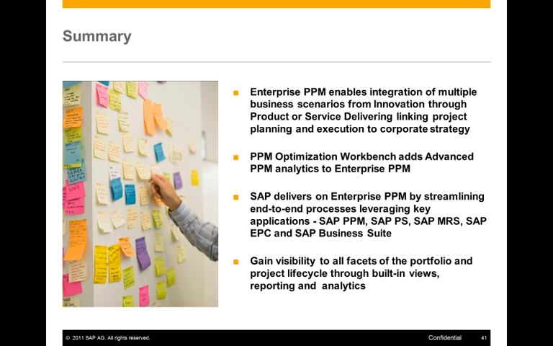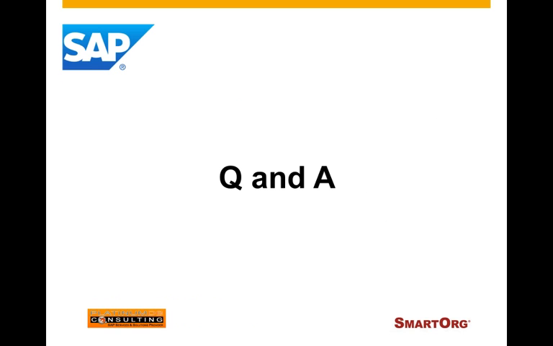Really, to get that visibility, you've got to have an enterprise class solution that enables people of different disciplines, different levels of maturity to drill down into that information so they get full visibility to that project life cycle through easy to consume reports, analytics, etc. So I will get off my soapbox now and we'll open this up for questions.